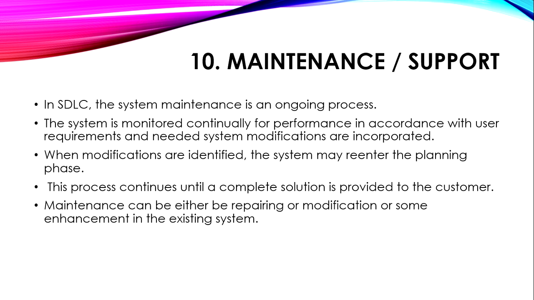When modifications are identified, the system may re-enter the planning phase. This process continues until a complete solution is provided to the customer. Maintenance can be either repairing, modification, or some enhancements in the existing systems.